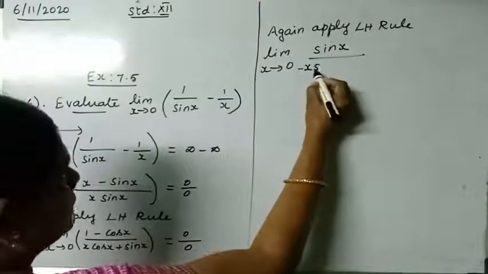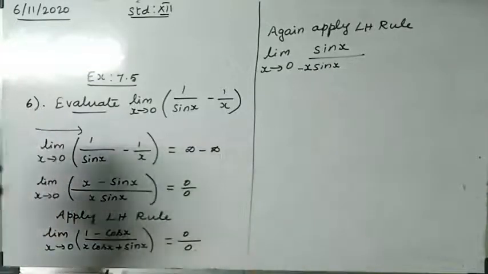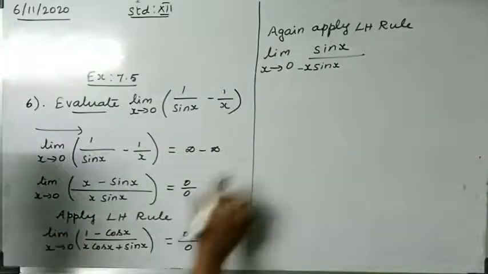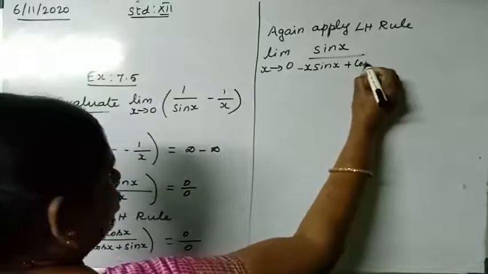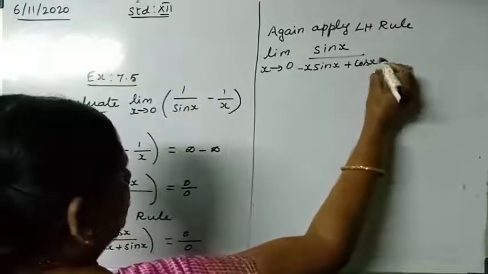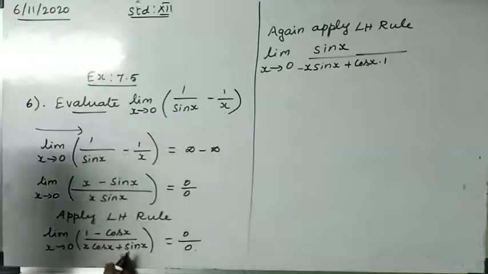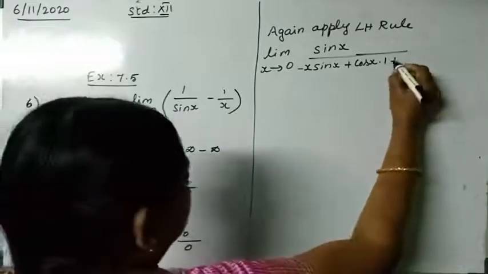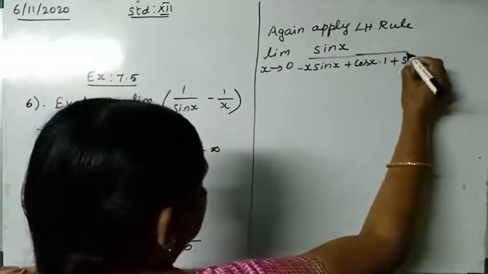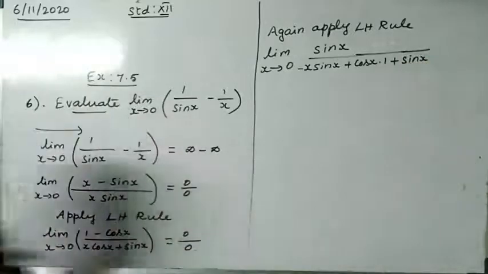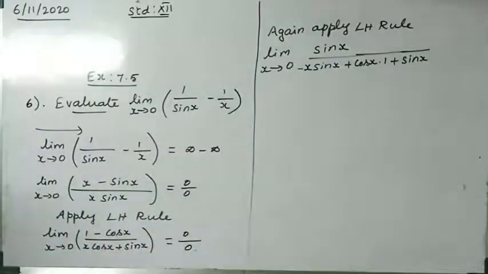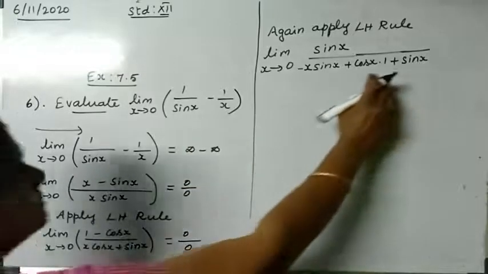I will bring the minus to the front. And keep cos x as it is and differentiate x, so plus cos x into 1, plus sin x. So minus x cos x, minus x sin x, plus cos x plus sin x.